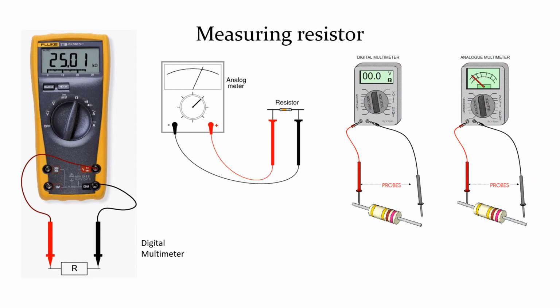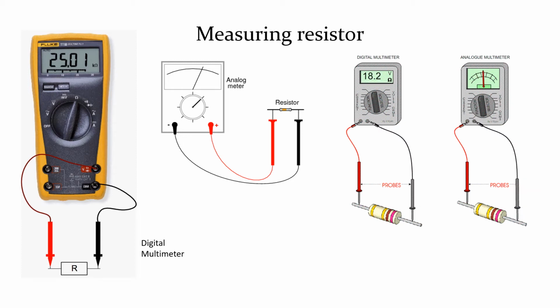This is how you measure the resistance using an analog or digital multimeter. A component, for example a resistor here, has two terminals.